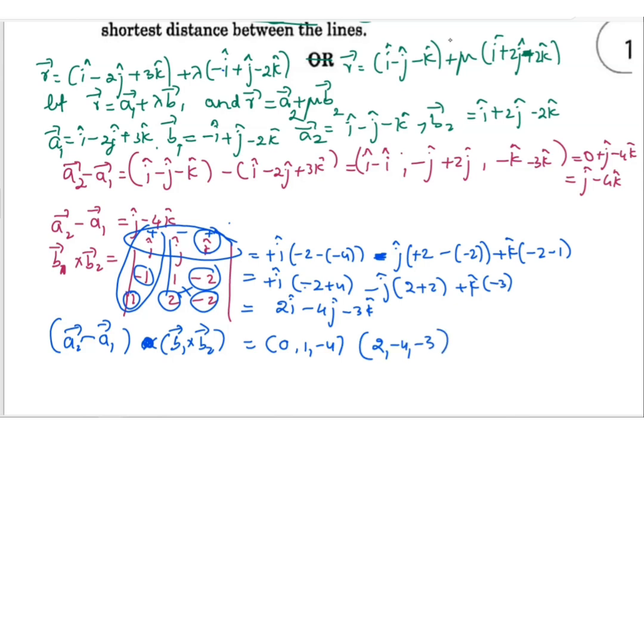Multiply: 0 into 2 is 0. Then plus into minus is minus, 1 times 4 is 4. Minus into minus is plus, 4 times 3 is 12. Simplifying, minus 4 plus 12 is 8. So we got this answer as 8.